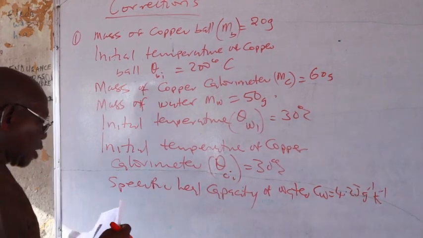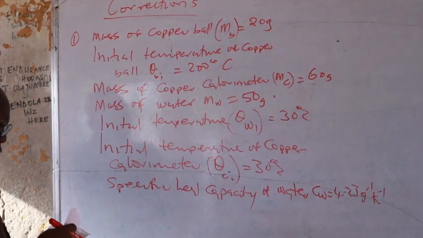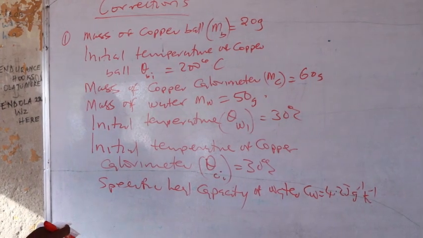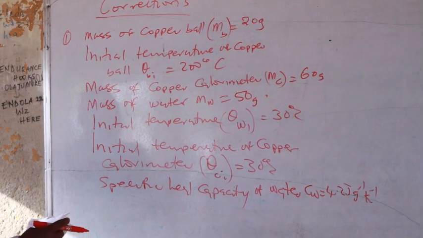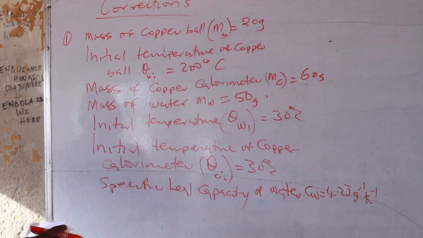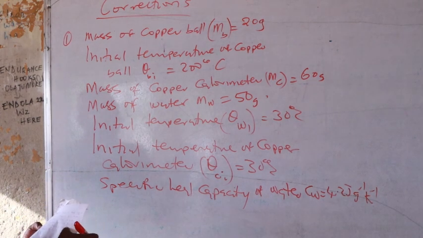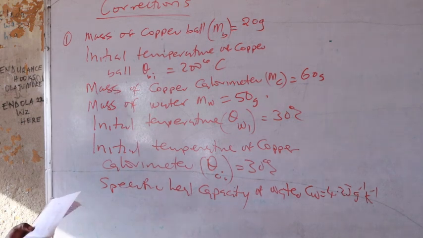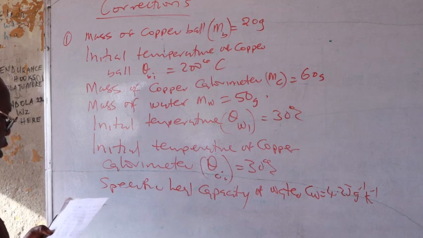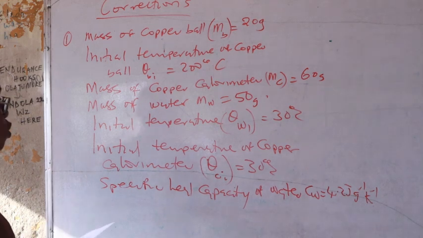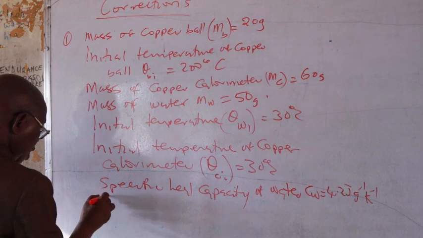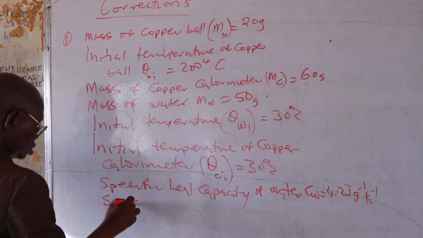We need the capacity of the copper calorimeter to be given too. The capacity of the copper calorimeter needs to be given. If you are not given, you can only work in terms of that.